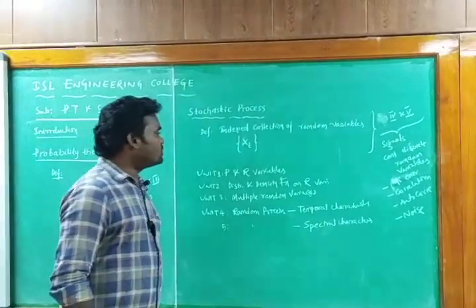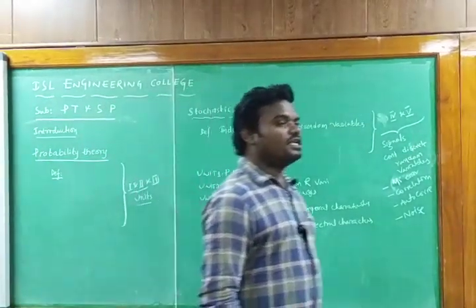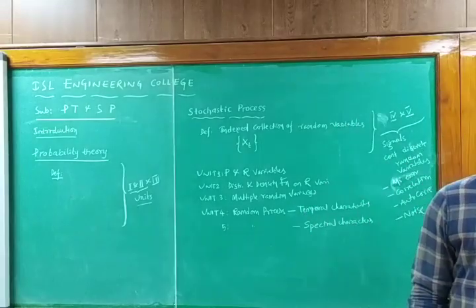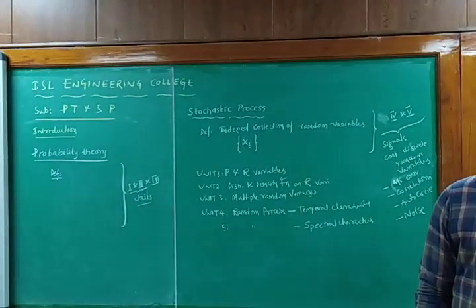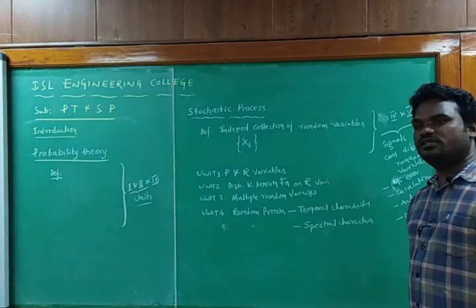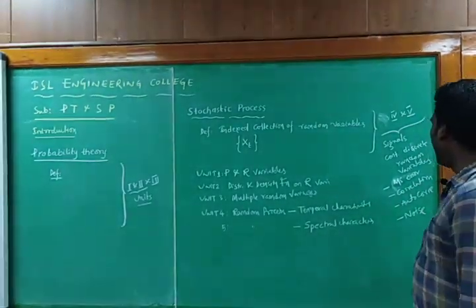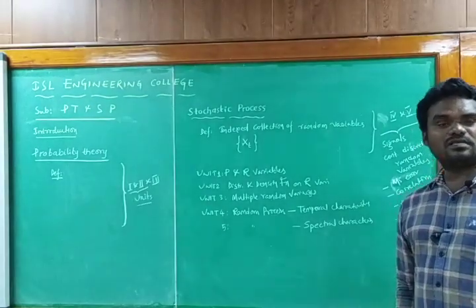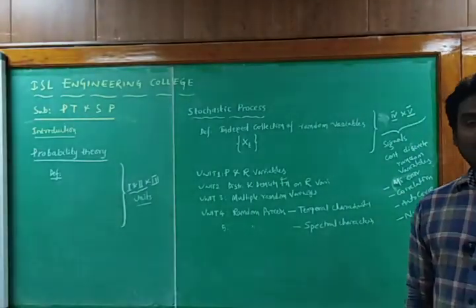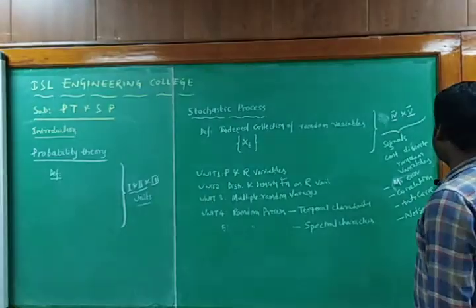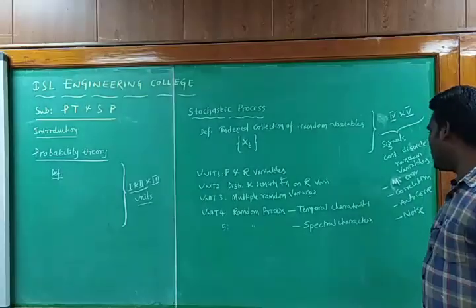The last 2 units deal with some type of signals or some type of random variables. With respect to the random variables and the signals, we have to study the 4th and 5th units, and that random variable may be continuous, discrete or discontinuous in nature.